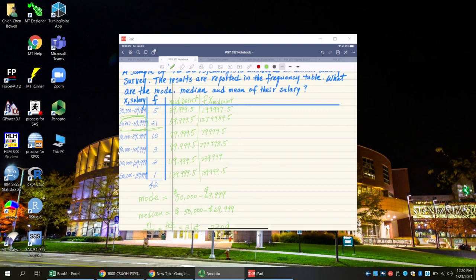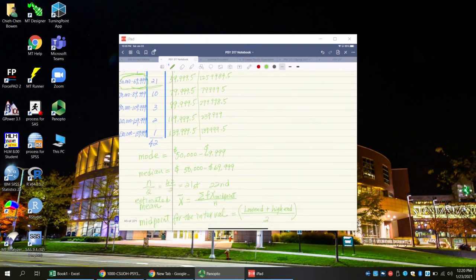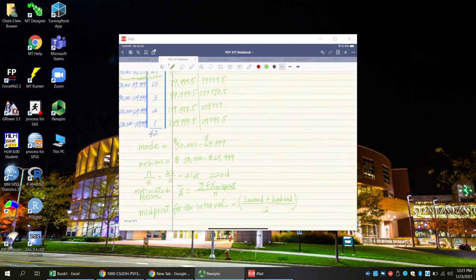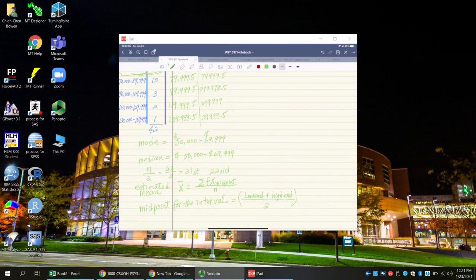Then at the end, all you need to do is the summation. You add them up right here at the end, and 2,939,997.9 is the answer. So, what is the estimated mean?